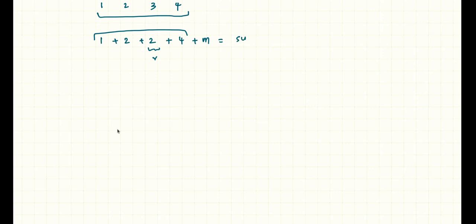Let's label it as s, where s is basically the sum of the original elements. And I am adding m on both sides. So you see 1 plus 2 plus m, the missing number.